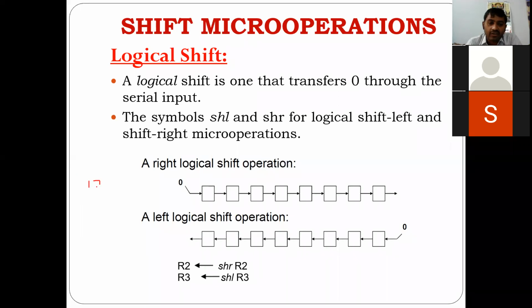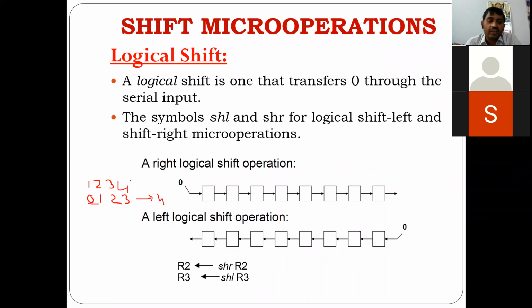Suppose I have 1 2 3 4, these are the 4 numbers that I need to shift right. Right shift means 1 occupies this position, 2 occupies this position, 3 occupies this position, and 4 goes out. And this is an empty location, so we need to insert 0. This is always the case in a logical shift operation.